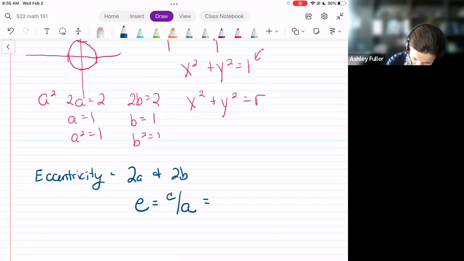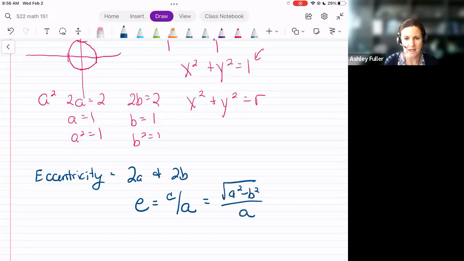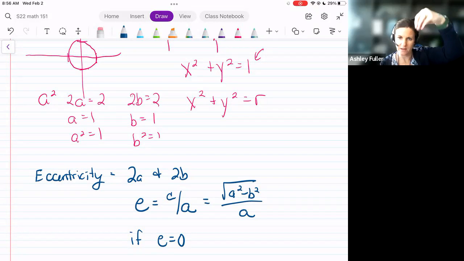But we know that c is the square root of a squared minus b squared, so the square root of a squared minus b squared, over a, is going to be the eccentricity. If e is 0, then the ellipse is a circle. And the closer e gets to 1, the skinnier the ellipse is going to be. And that's going to become important in some of the applications you'll be doing.